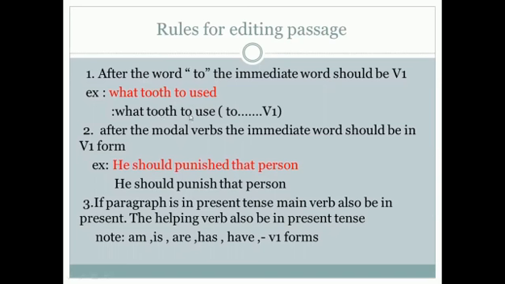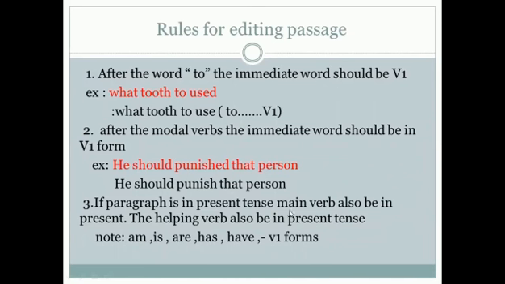So what to use? After the modal verbs, what are modal verbs? Should, could, and so on. After the modal verb, the immediate verb should be in V1 form. He should punish that person. Should is nothing but a modal verb. After the modal verb the V1 form should be added, so he should punish that person.